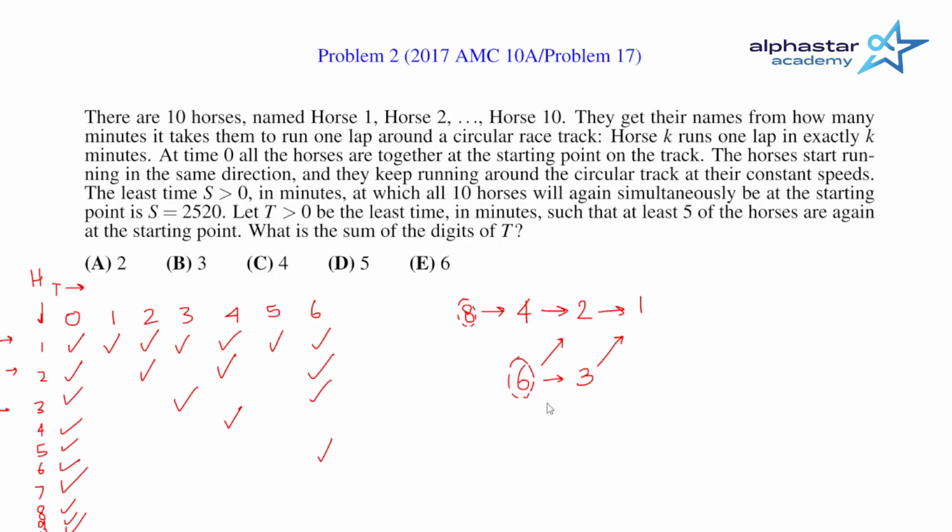In fact, it's 6. Similarly, if a number is divisible by both 4 and 6, then we're also happy. In particular, 1, 2, 3, 4, and 6.